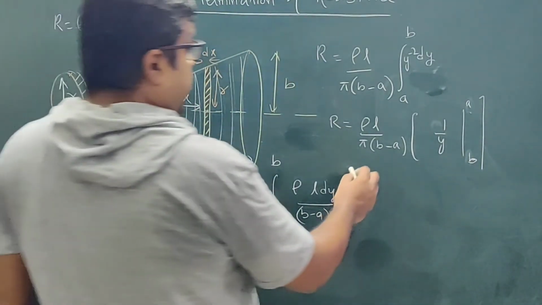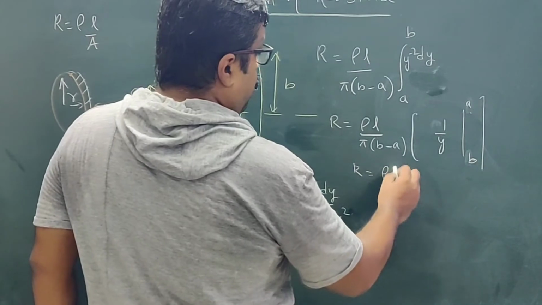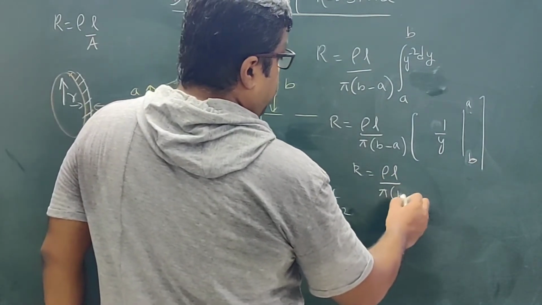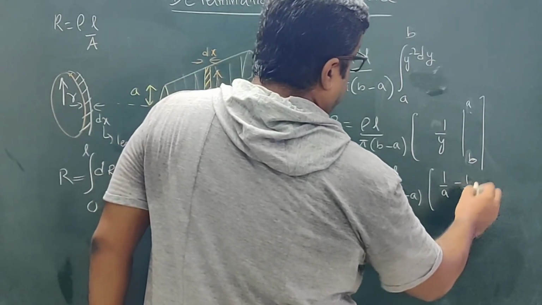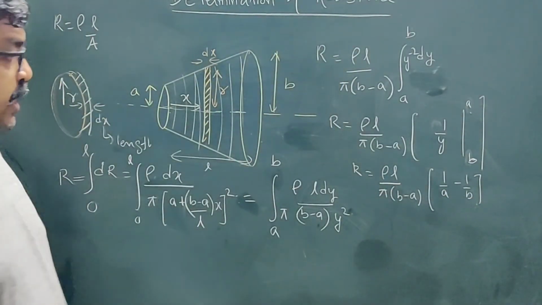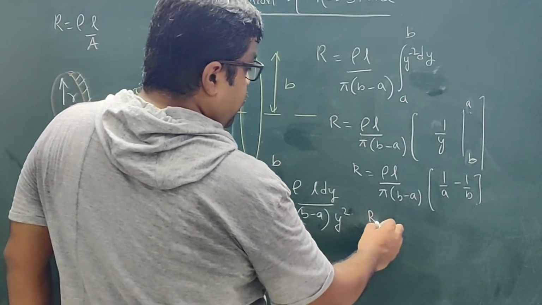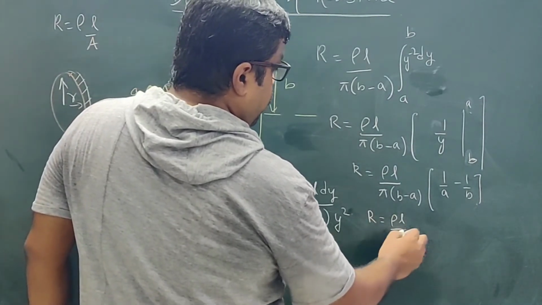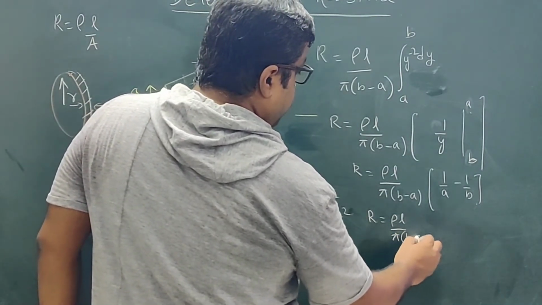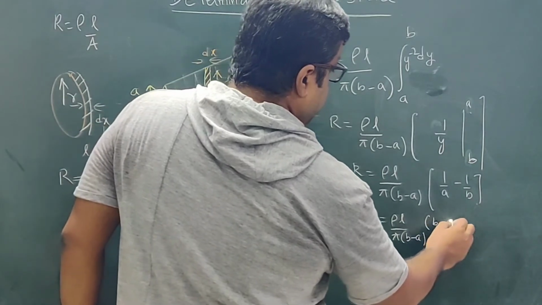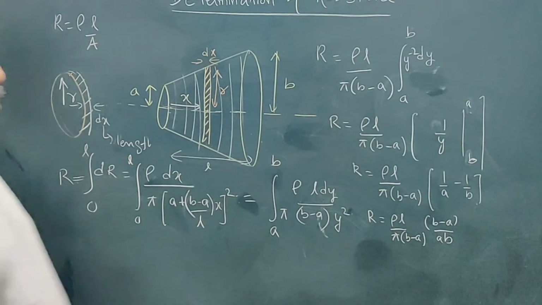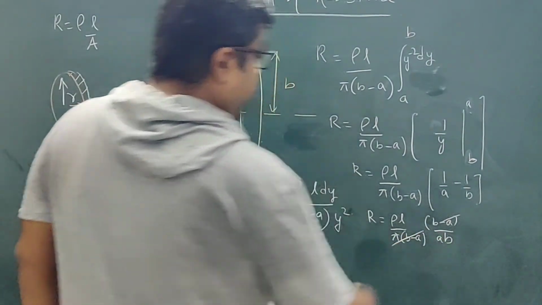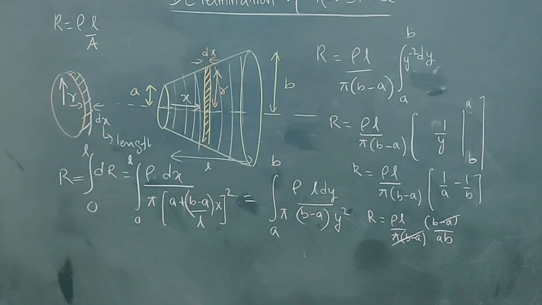Okay, so R is equal to rho L by pi (B minus A) times (1 by A minus 1 by B), correct? So R is equal to rho L by pi (B minus A) divided by AB. So this B minus A gets cancelled.